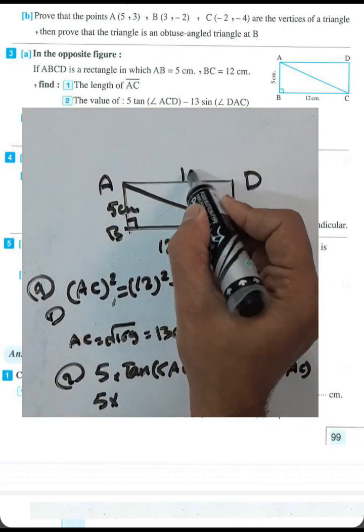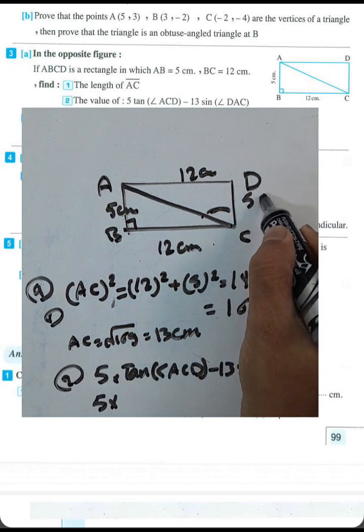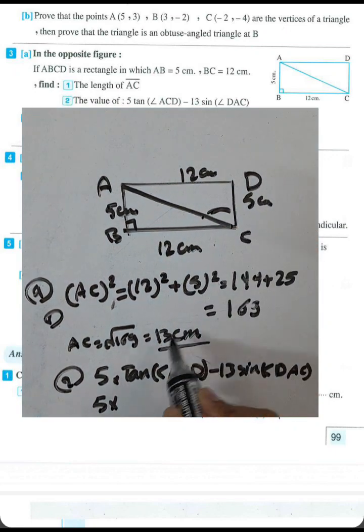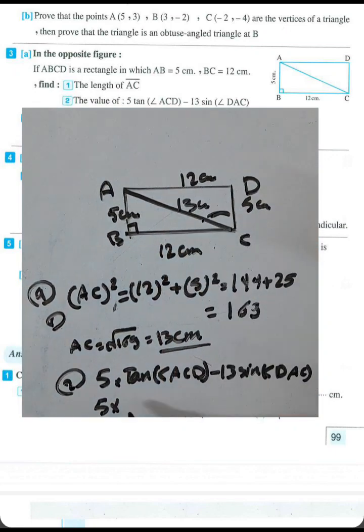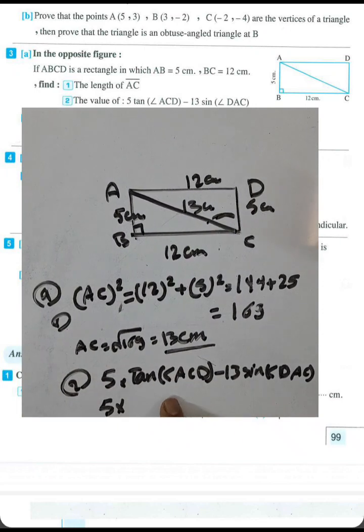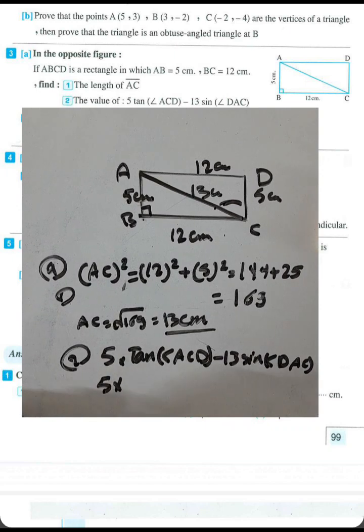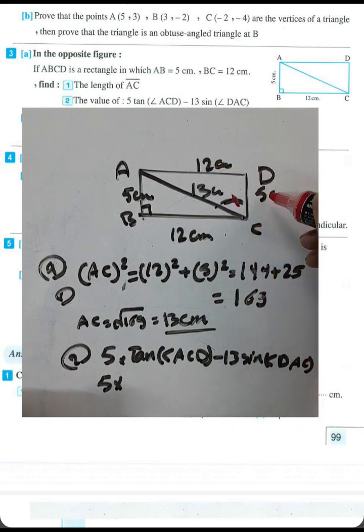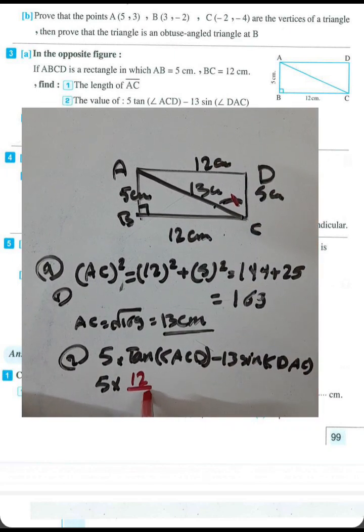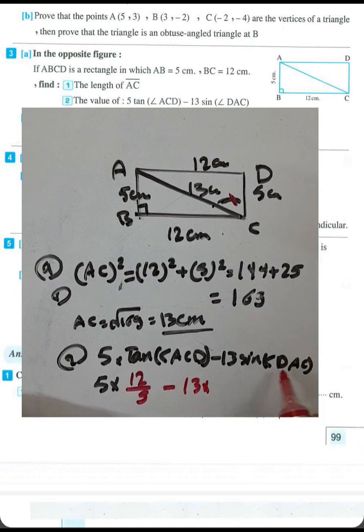This side length 12 and this side length 5 centimeter. We can find it 13 centimeter, and then we can write the tan of ACD here. Tan of this angle will be opposite over adjacent, 12 over 5, subtract 13 times sine this angle DAC.